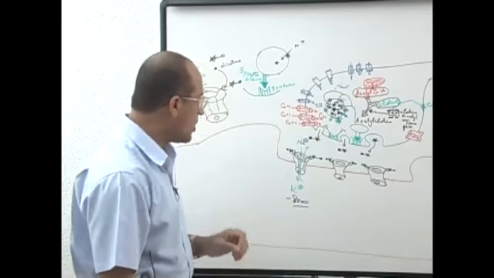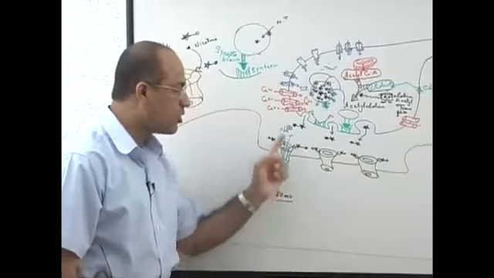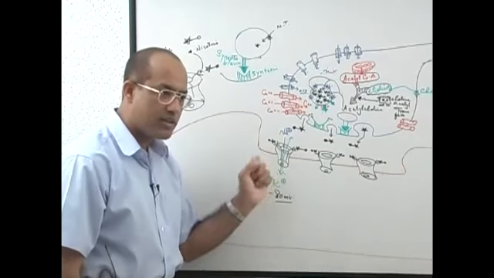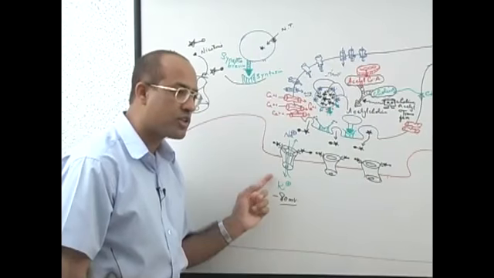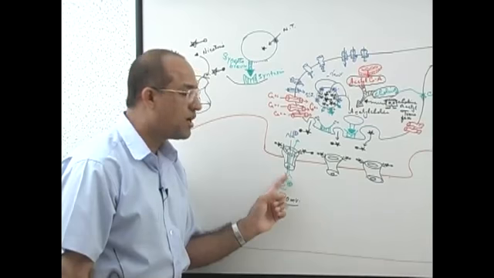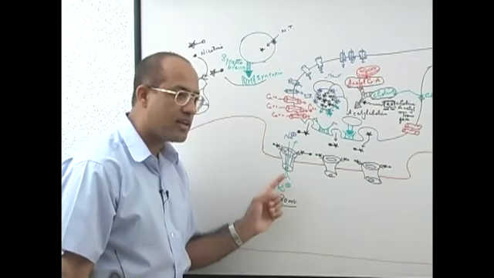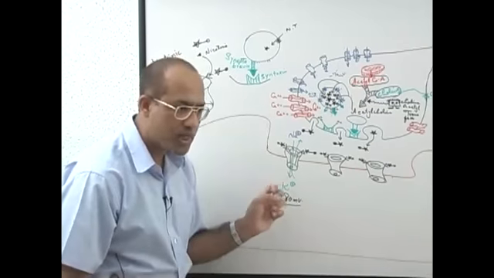Now sodium can go in and potassium can go out. Is that right? So sodium influx will try to take the membrane potential towards its own equilibrium potential, and potassium will try to maintain the membrane potential near its own equilibrium potential.